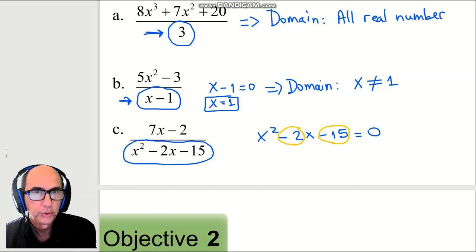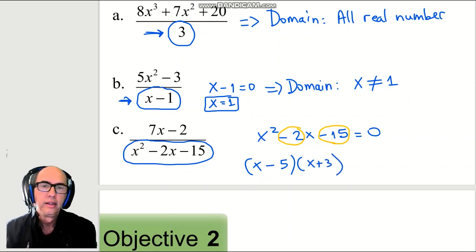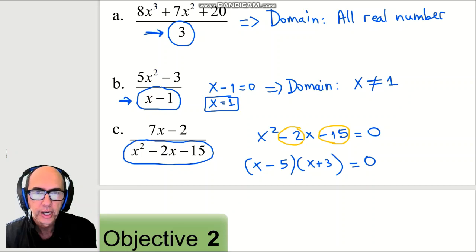We guessed these two values: x minus 5, x plus 3. And what makes this expression equal to 0? This multiplication of two binomials, of course, gives the domain.